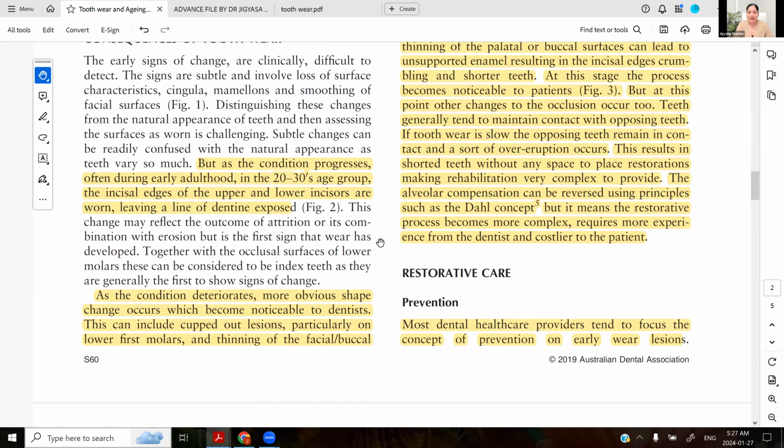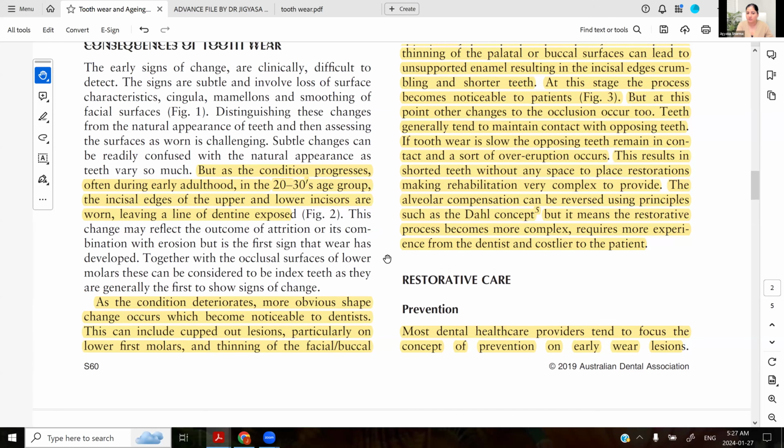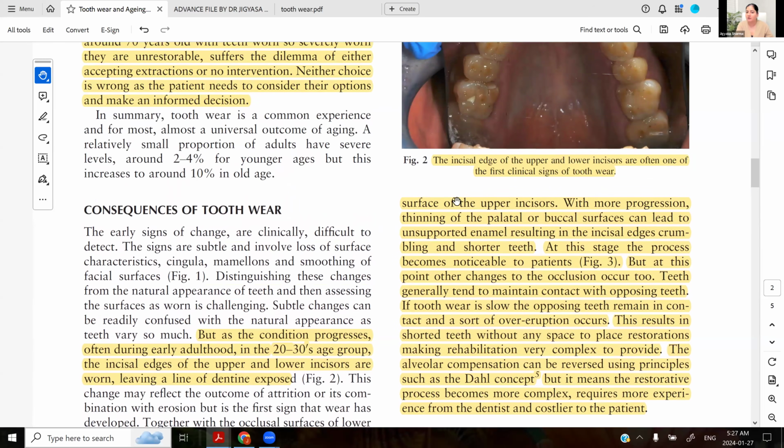So what happens is, as the condition deteriorates, when you see the erosion or attrition, the shape change occurs, right? And then it becomes noticeable to the dentist as well as the patients. Now that can present in the form of cupped out lesions, as we saw in the picture, particularly in the lower first molars, and thinning of the facial and buccal surface of the upper incisors.